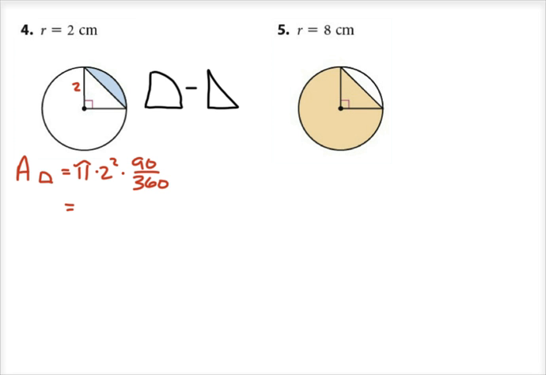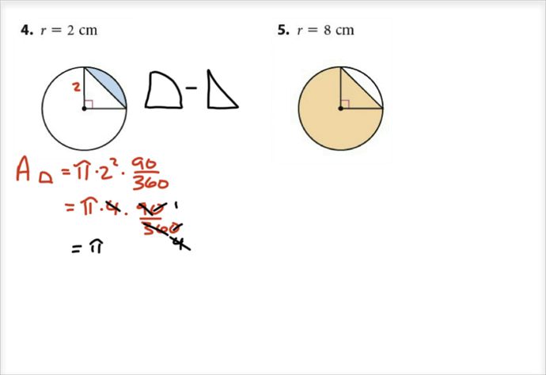I know that 2 squared is 4. And now I start to reduce. Well, I know that I can reduce by 10. 9 goes into 36 4 times, and the 4's cancel each other out. So my area is going to be pi.